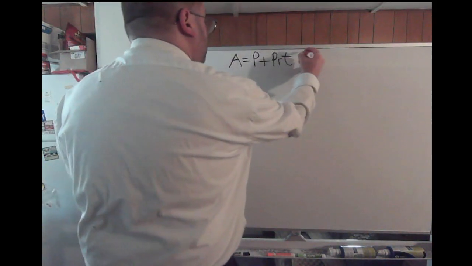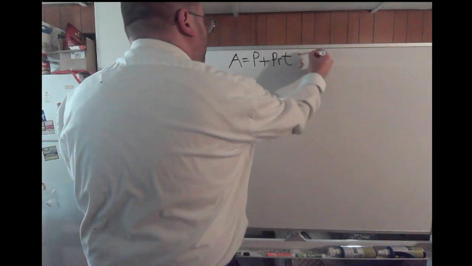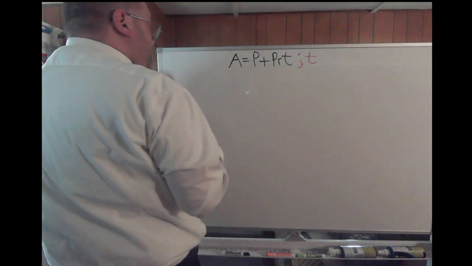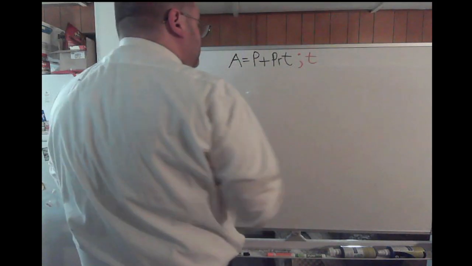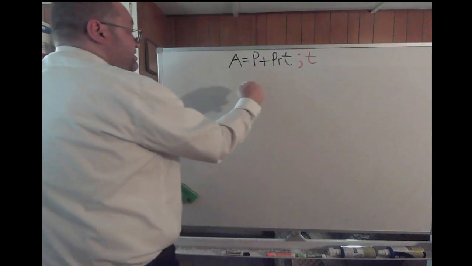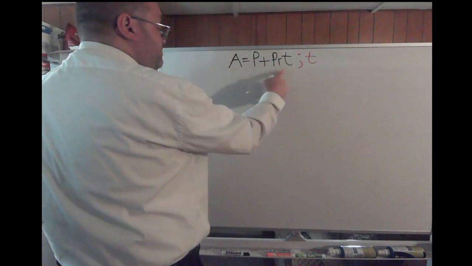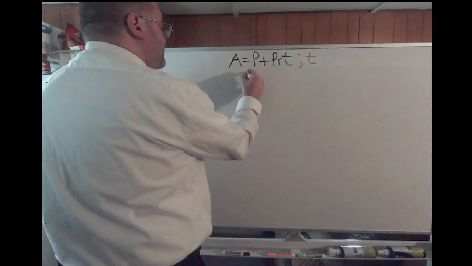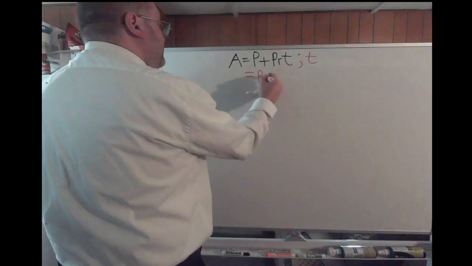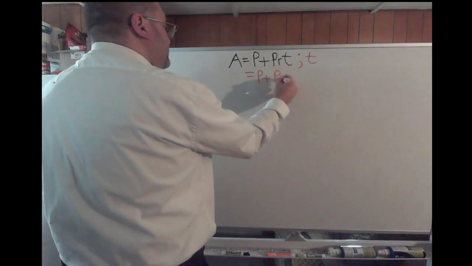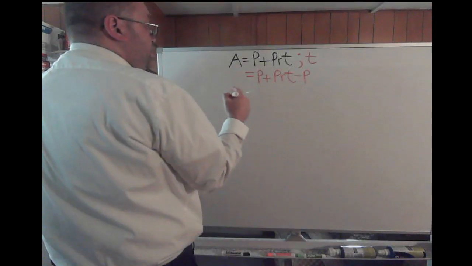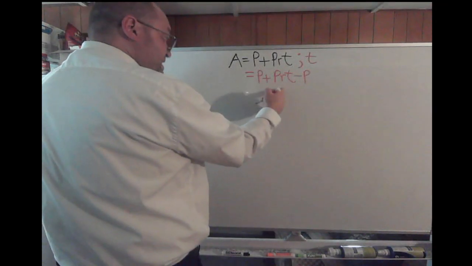We want to solve for the variable t. Well, what you'll want to do is isolate the t term by itself. That PRT, since those are multiples of t, you'll want to isolate that by itself. So what you got to do is take this p plus PRT. You want to subtract the p from that to get rid of the p and just get PRT by itself.